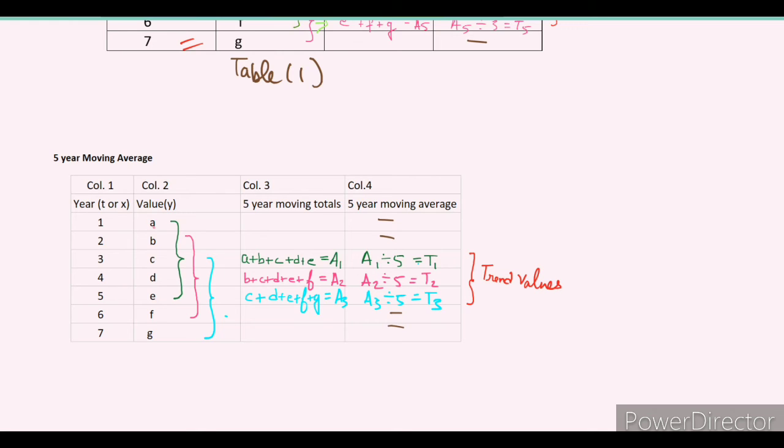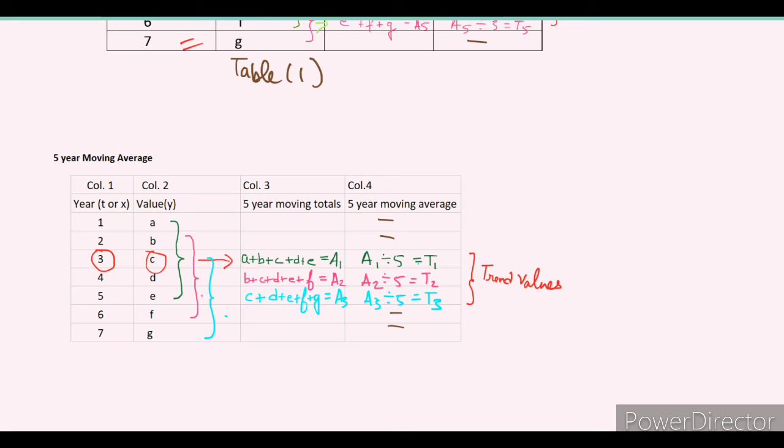The middle year is 3, and the middle value is C. So we place the sum against the middle year of this group or subset of 5 years.